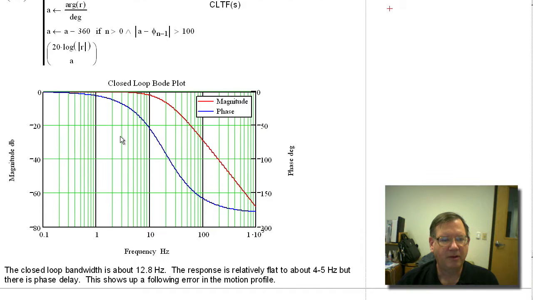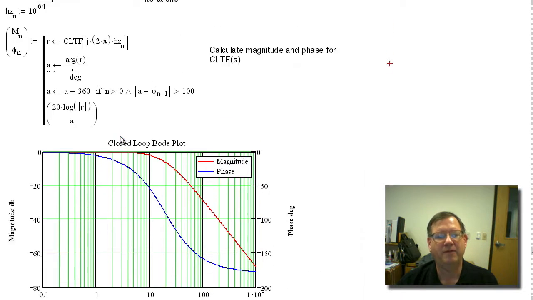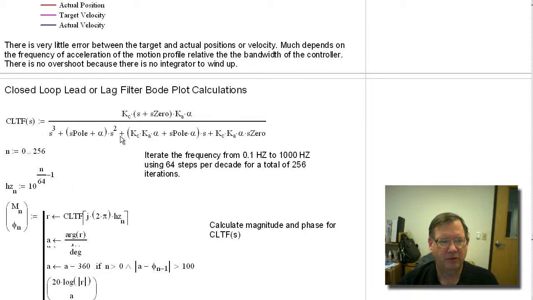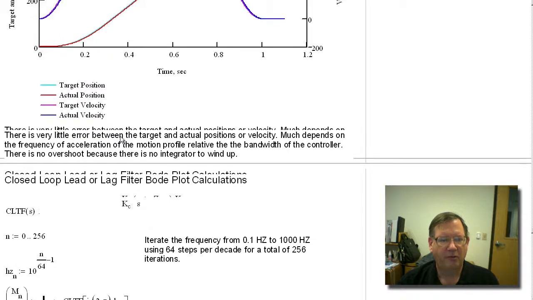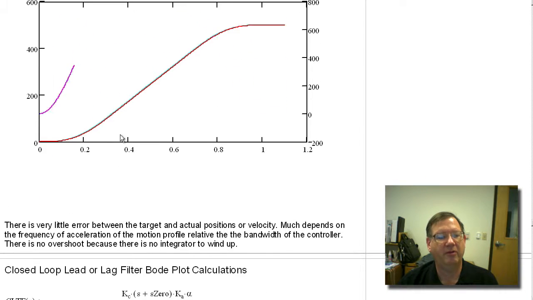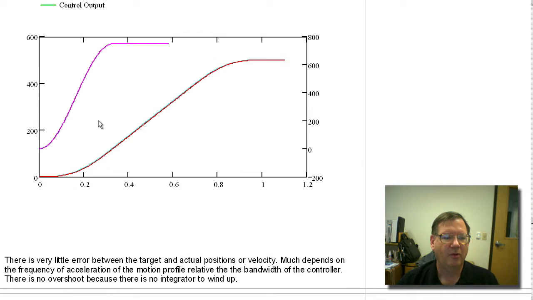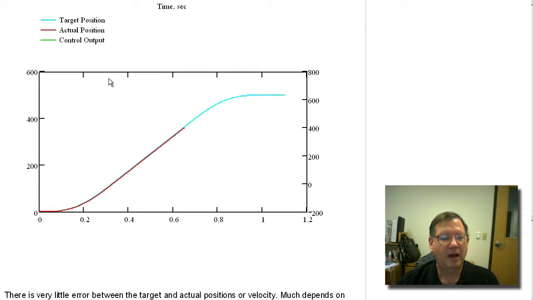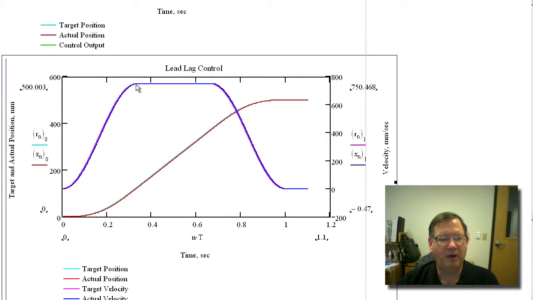And the motion profile that we had above, go back up here, was moving 500 millimeters in 1 second. But what's happening also is that we are ramping up in a third of a second, and then we're ramping down in a third of a second.